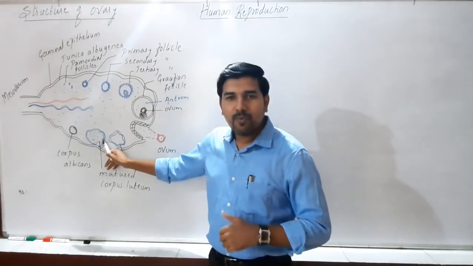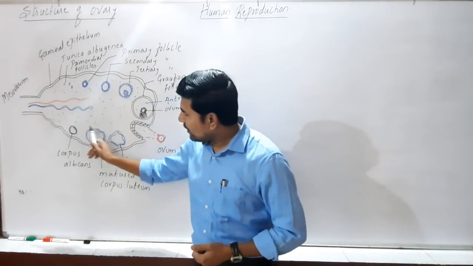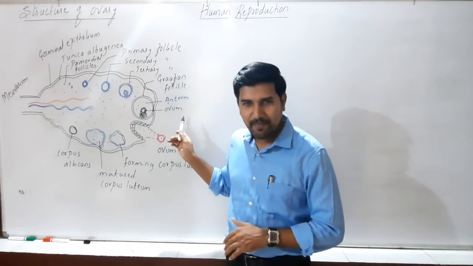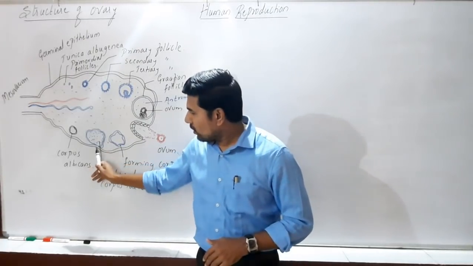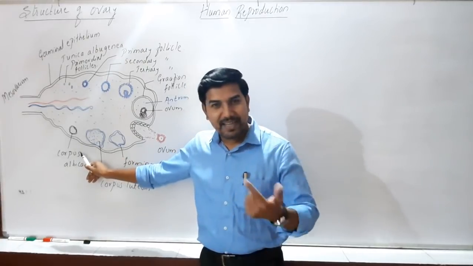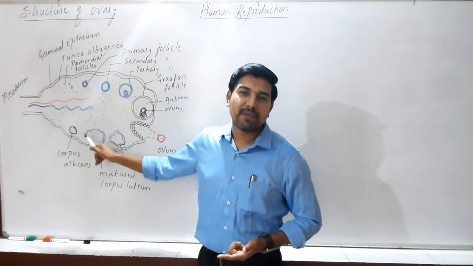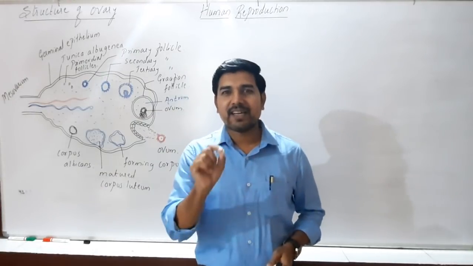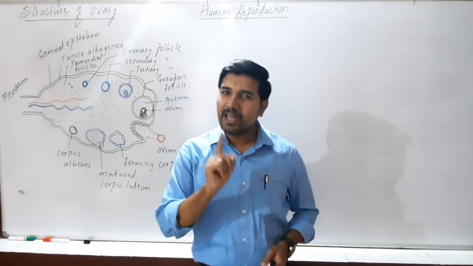Then this corpus luteum later gets degenerated if there is no fertilization. The degenerative form of corpus luteum is said to be corpus albicans. Corpus albicans is the degenerative form of corpus luteum.